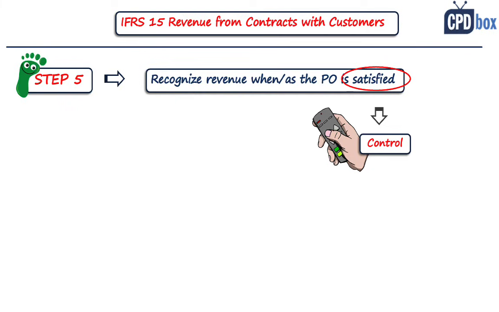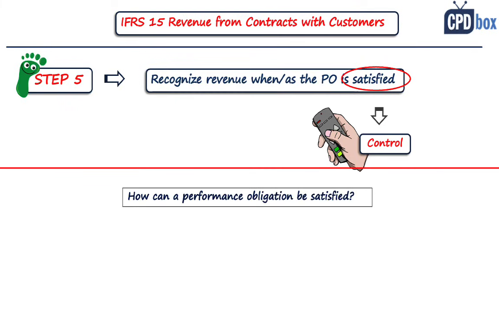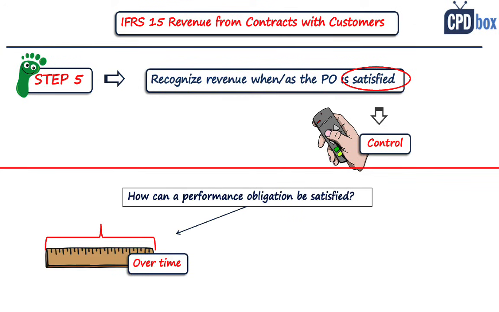Let me mention here 2 different ways of satisfying a performance obligation. It could be over time. So in this case, the revenue is recognized over time too. And this means that you would need to recognize a revenue gradually over the contract period and not as a single amount when the contract is completed.